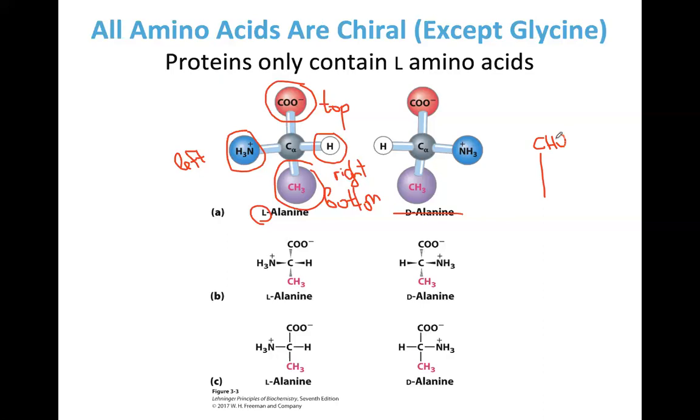Remember these are Fischer structures, Fischer projections, from OChem 1, right? OH, H, and you get that.